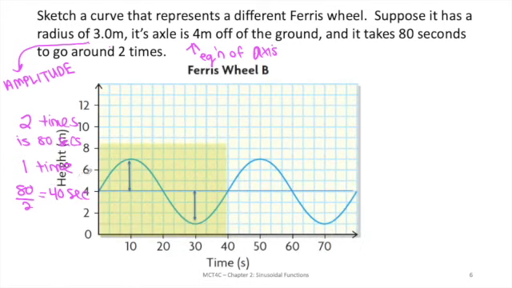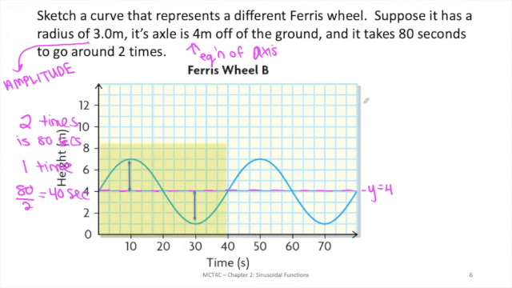I'm going to show you here how this graph is drawn based on the information that we're given. So you know that you're going to have an equation of your axes at 4. So I would start by drawing that at y equals 4. Then you know that your max is going to be 3 meters above that 4, and your minimum will be 3 meters below.